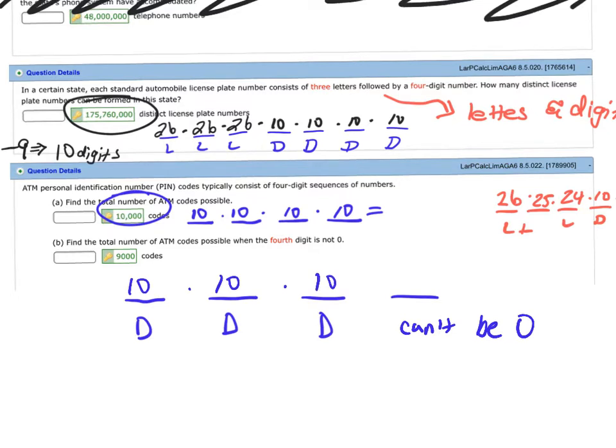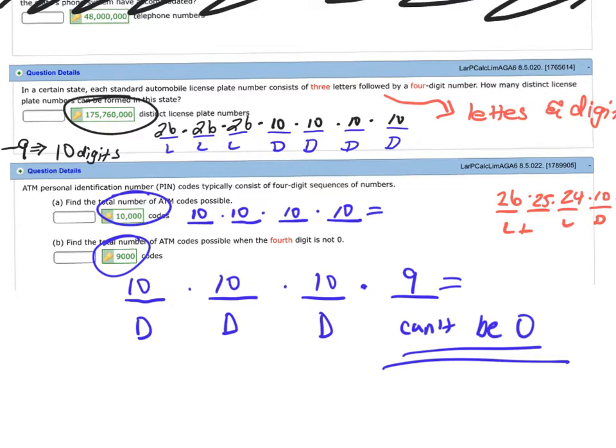The fourth one can be 1 through 9. It can't be 0, so there's only 9 choices there. That's where they got 9,000. You guys see that? Sean, you see that difference?